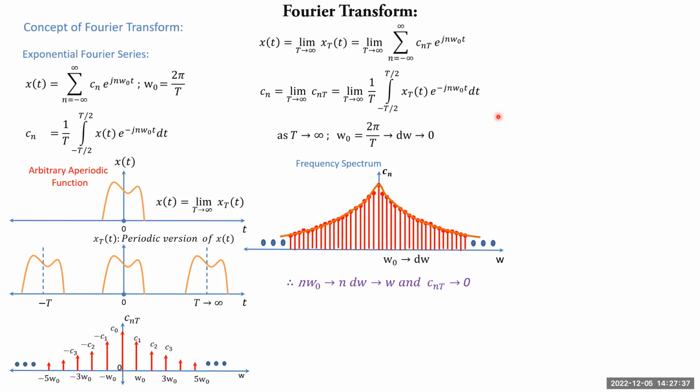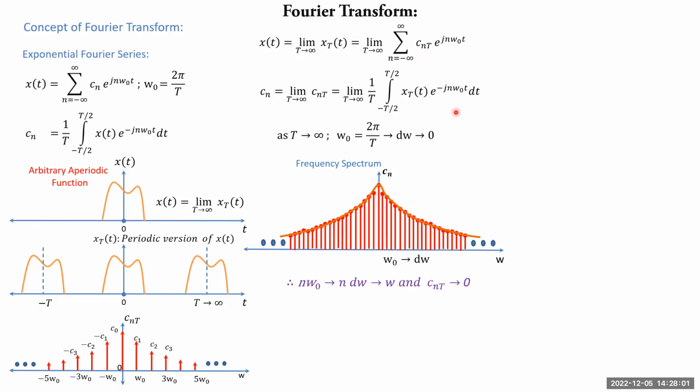Now when the limit is applied to this second expression, Cn will become 0 because in this expression there is a term 1 by capital T, and T tends to infinity, and therefore even though the integration is finite, since T tends to infinity, the whole expression will become 0.